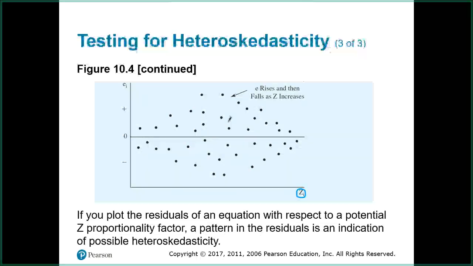Now, if we were to look at the linear relationship between this z variable and this residual, it would probably be pretty close to a flat straight line. And that's because residuals are equally likely to be above or below zero.